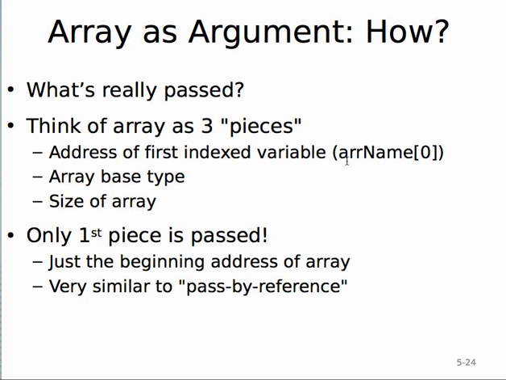That's passed in. So there are other things that the compiler knows about arrays that are allocated in the stack. For example, the array base type, that is, is it an array of ints? That's probably known by the function as well, because when you declare the function, you have as a parameter what kind of thing the array is composed of. So is it an int array? The function knows that. That doesn't have to be passed in.